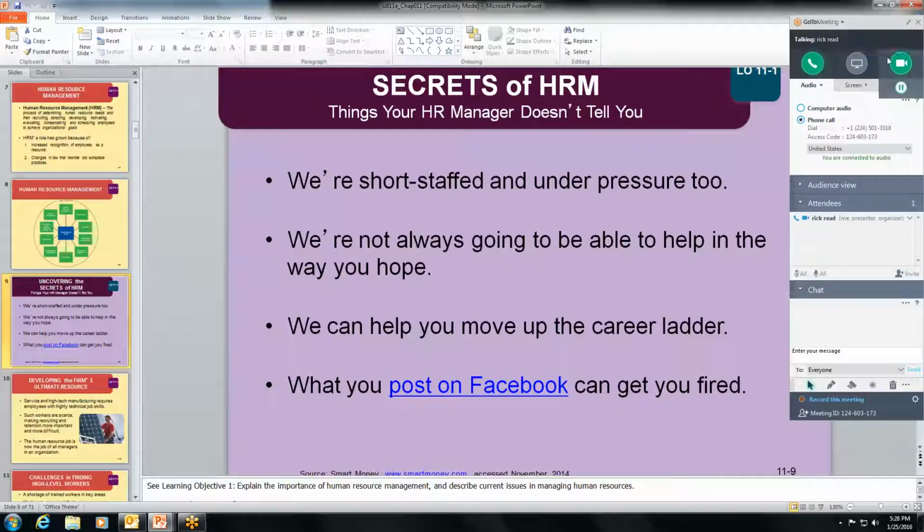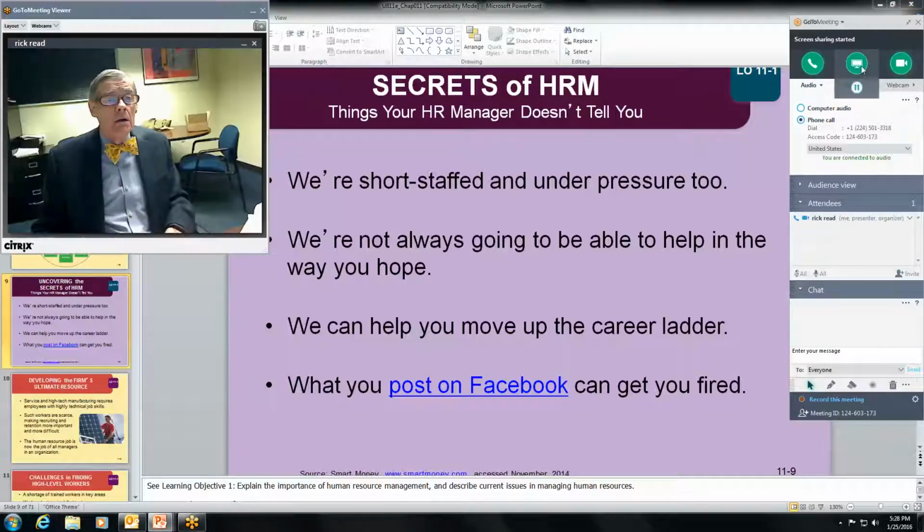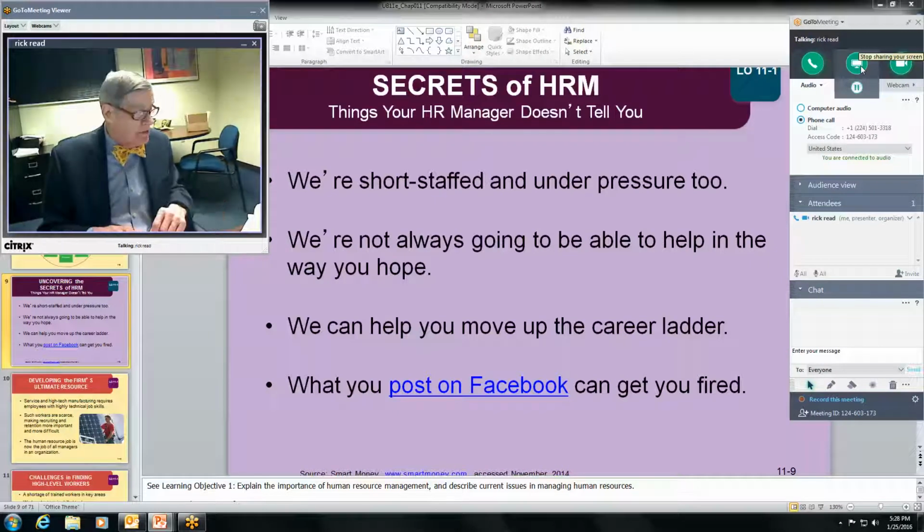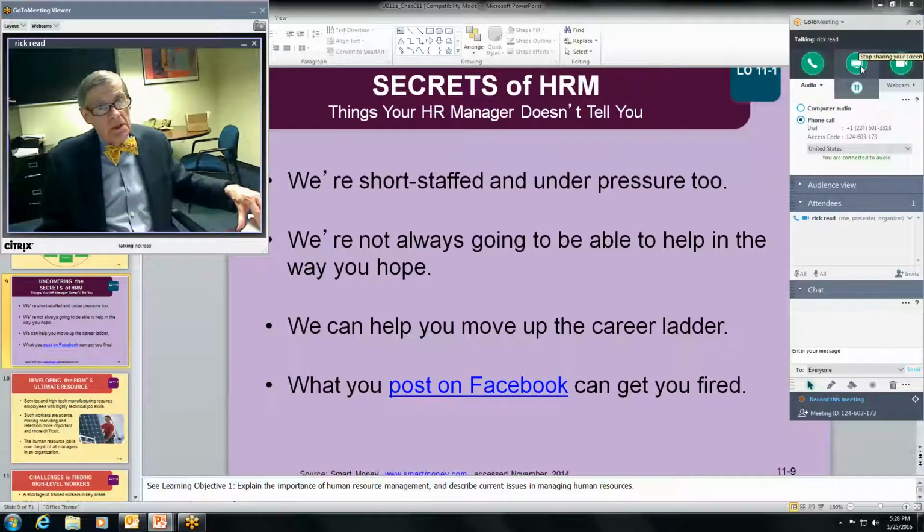This is a slide that I'm really not going to pay a lot of attention to. You can look at this. Things that you don't want anybody to say: we're short-staffed and under pressure too. You don't say that. Human resource management and the human resource people really are employee advocates, if you will, and they have to be accessible, and they have to be there.